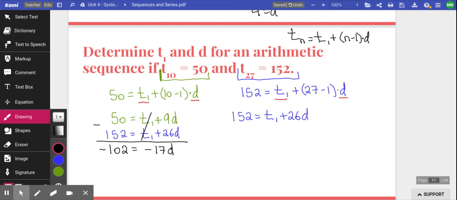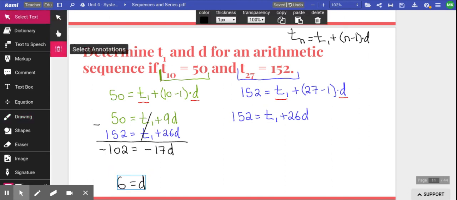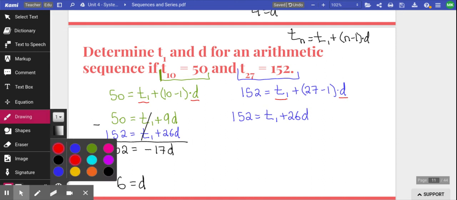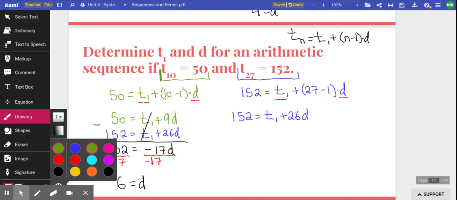I'm just doing some math now to make sure I'm right, which tells me that 6 equals D. I probably should have written it by dividing both sides by negative 17. Awesome. I now have the first thing it asked me for, which is D.